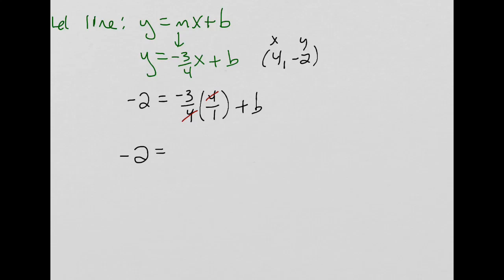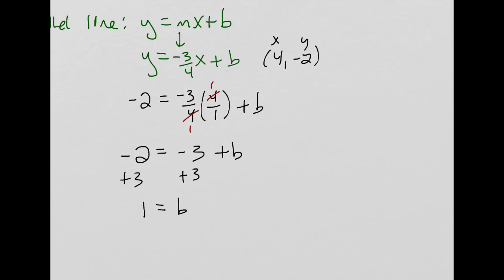So I can divide top and bottom by 4, and then if I multiply what's left, I've got negative 3 times 1 is negative 3, over 1 times 1 is 1, so I don't even need to write the bottom, and then plus b. If I solve for b, add 3 to both sides, and that gives me 1 equals b.